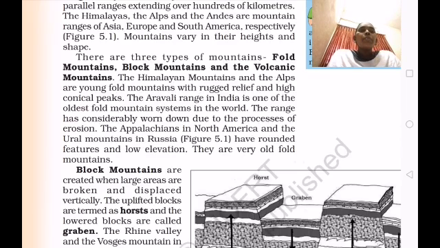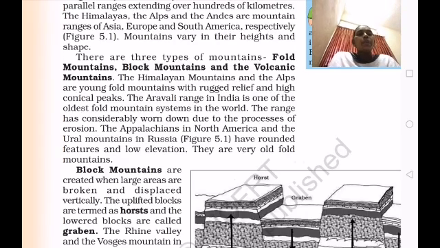The Himalayan mountains and the Alps are young fold mountains with rugged relief and high conical peaks. The Aravalli Ranges in India are one of the oldest fold mountain systems in the world. The range has considerably worn down due to the process of erosion.